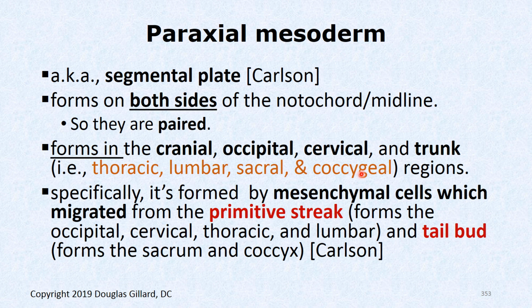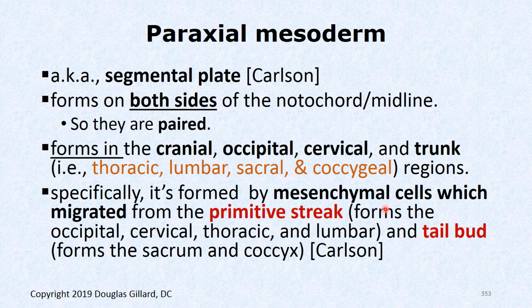And just like everything else that is formed, these cells start out as epiblast cells that migrate through the primitive streak. They morph into mesenchymal cells, and they form the paraxial mesoderm.